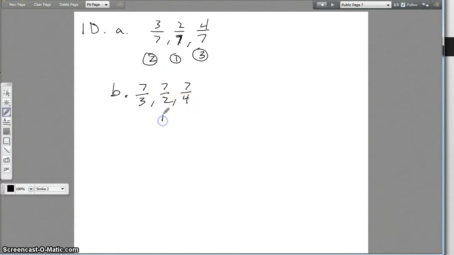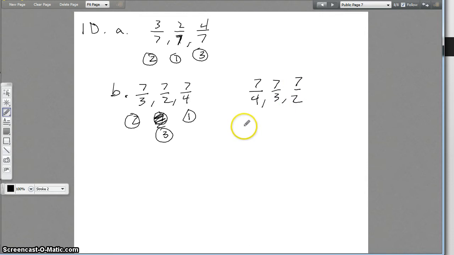Whoops, we want to write these from smallest to largest. So our smallest amount is going to be 7/4 because we have 7 of it, but it's our smallest pieces. And then 7/3, and then our biggest one is going to be 7/2. So we would write our answer 7/4, 7/3, 7/2.